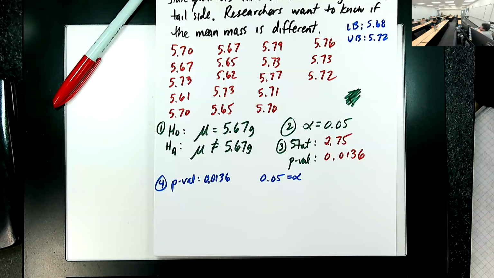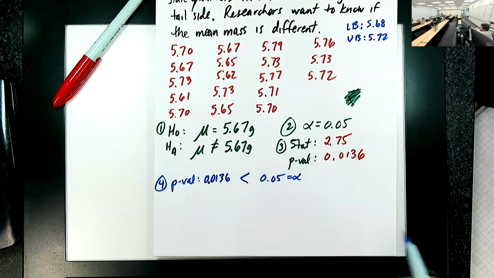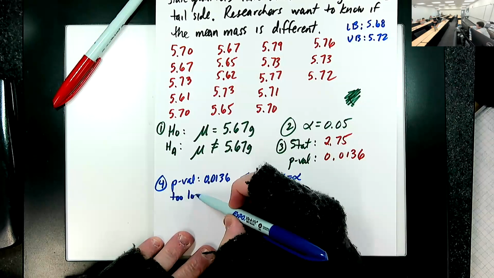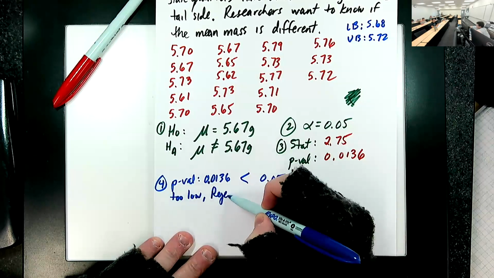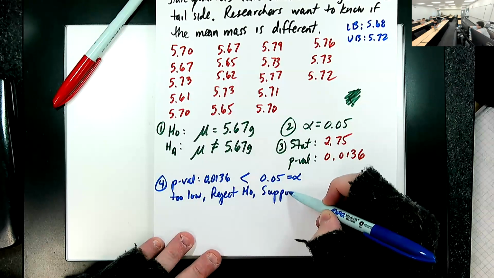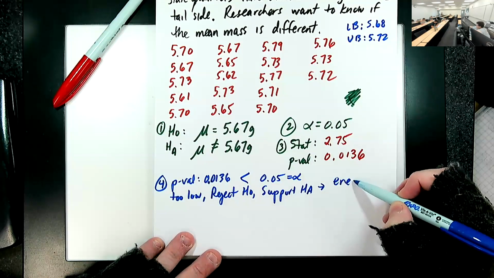Less than. Less than, what does that tell us? Too low, reject the H0. Too low, reject the H0. Which means we're gonna support HA. Which means there's enough evidence.